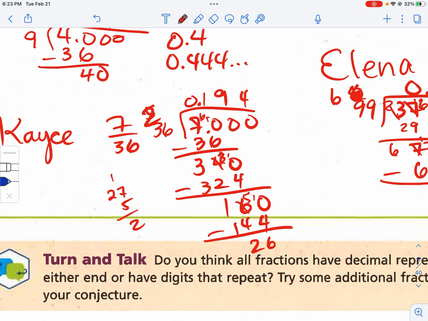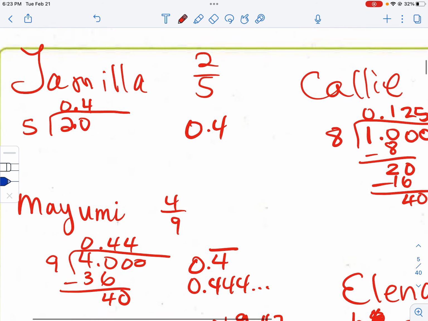Okay. So we've got 26. Oh, we're just going to keep on going, aren't we? So it'll go in 3, 6, maybe 7 times. So that's 42. Oops. That's 21, 25. And that's going to be an 8. What does this say?